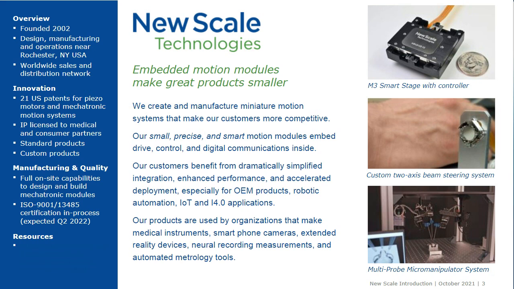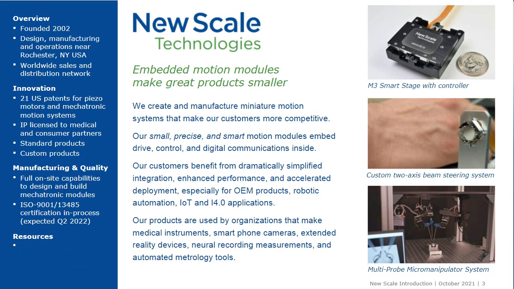So all you have to provide to our modules is DC power, typically 3.3 volts, and digital commands. These are the things we emphasize in our products, and we bring them to market to companies that want to get to market quickly, where we can simplify integration.